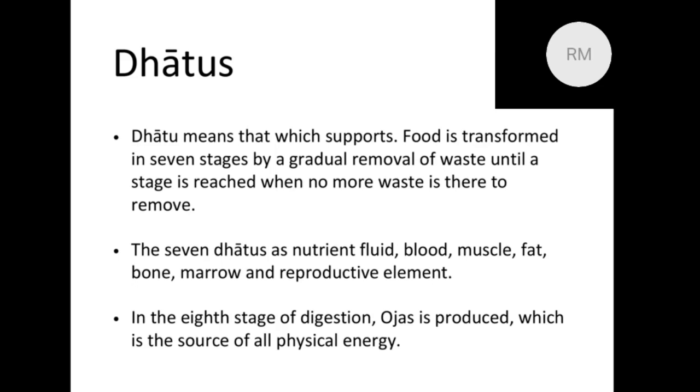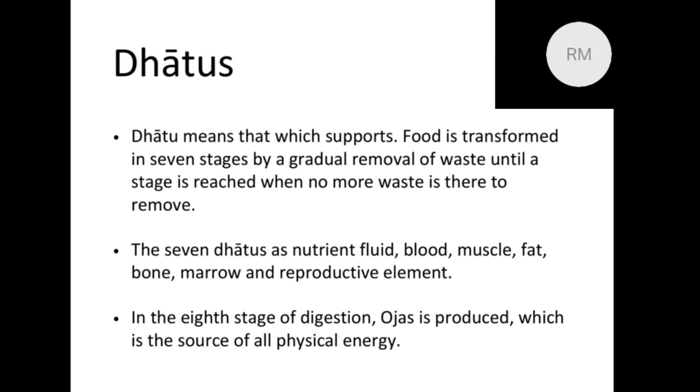Dhatu represents 7 stages through which your food gets transformed, and it's a process in which the waste materials are gradually removed until we reach a stage when no more waste is there to remove. So this is the concept of a dhatu.